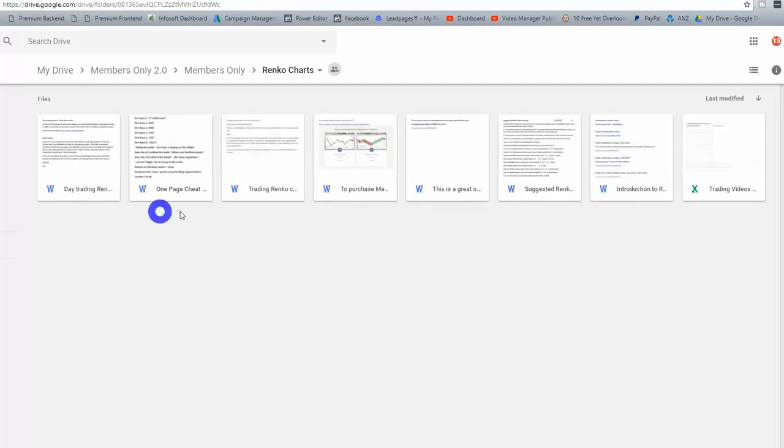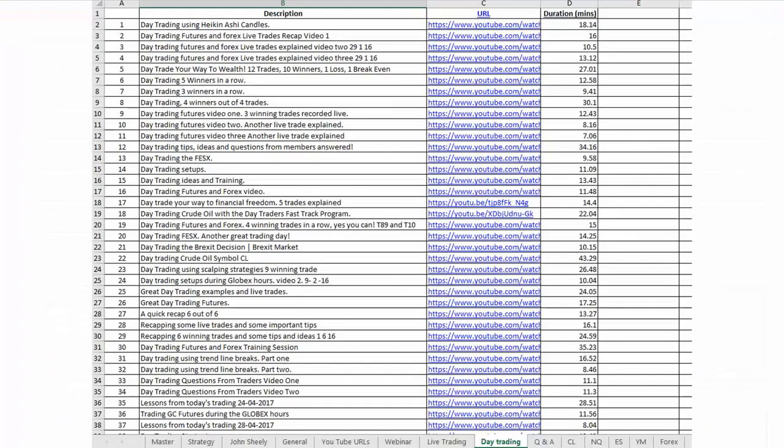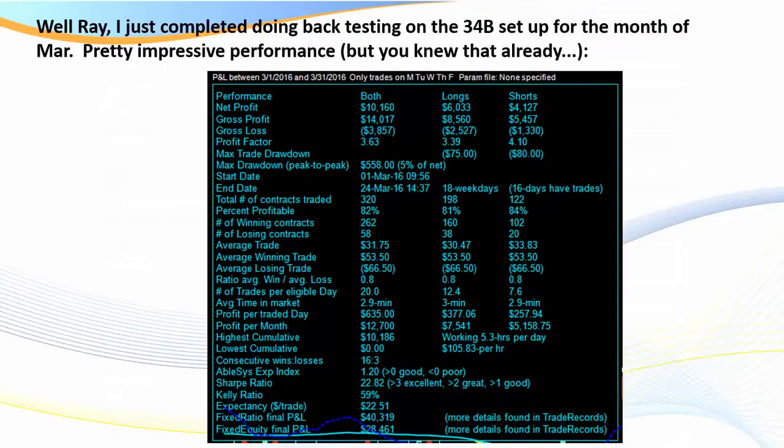I've opened up a specific folder on Renko. These are also in the new recordings, but I do have a Renko folder there as well.